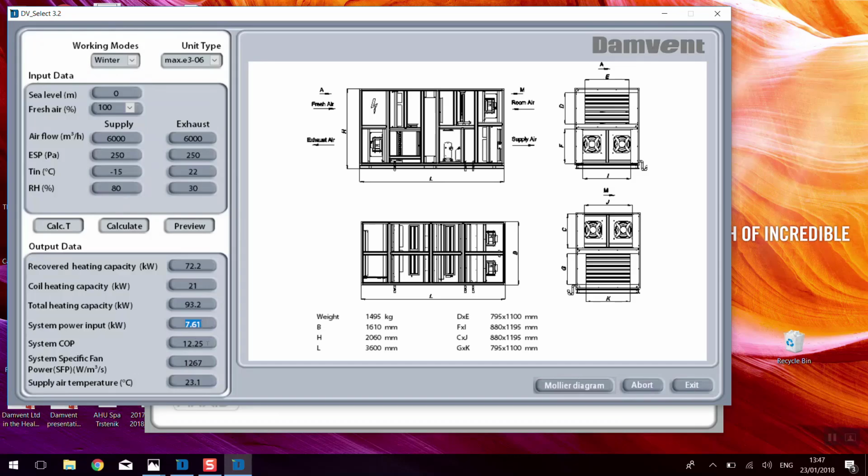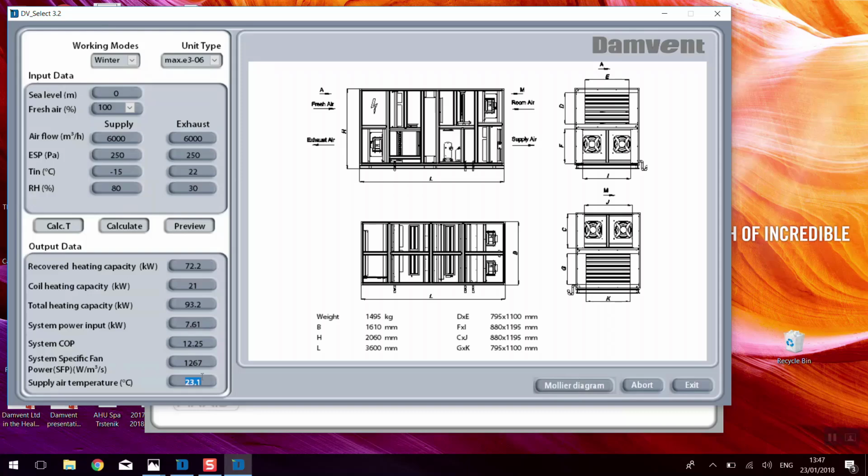And then we provide the correct value for the system COP. Below that you can find the SFP factor for the unit, and last but not least, in our opinion the most important parameter for every solution for fresh air: the supply air temperature.